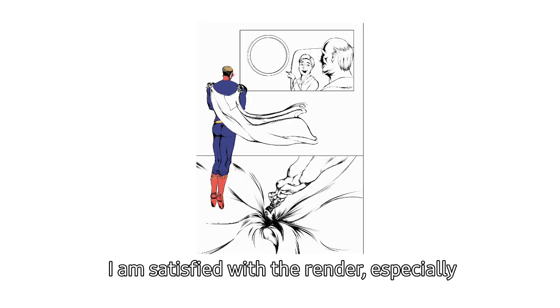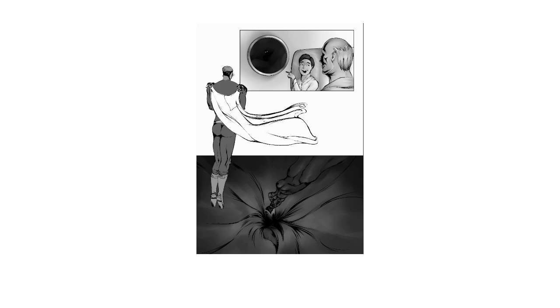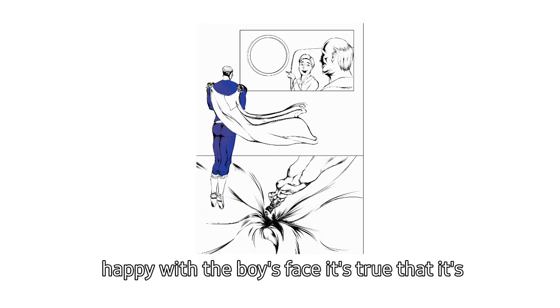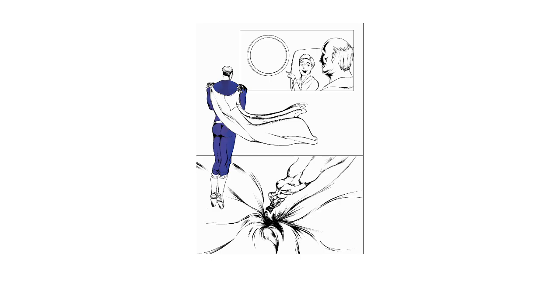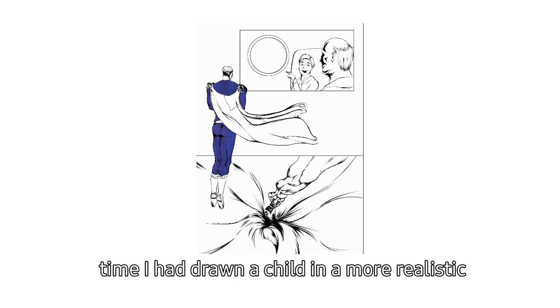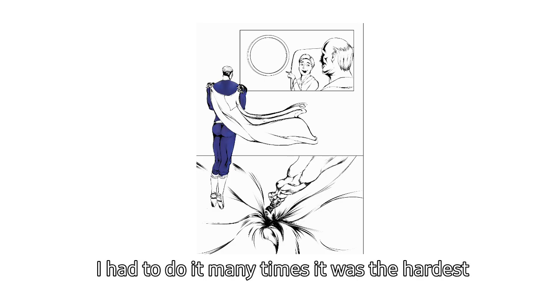The truth is I am satisfied with the render, especially with the father in the first panel, and I am so happy with the boy's face. It's true that it's still kind of bad, but I think it's the first time I had drawn a child in a more realistic style, and that's why it came out a bit rough. I had to do it many times.